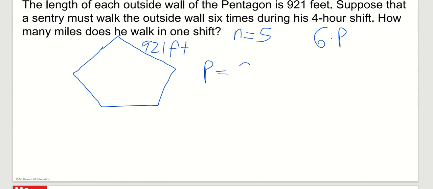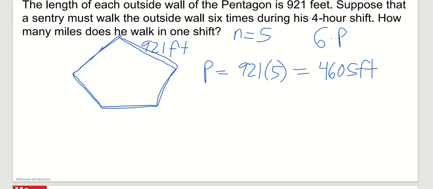Each side is 921 feet, and there's 5 sides altogether. So in order to walk around the outside once, it would be 921 times 5, which is going to be 4,605 feet.